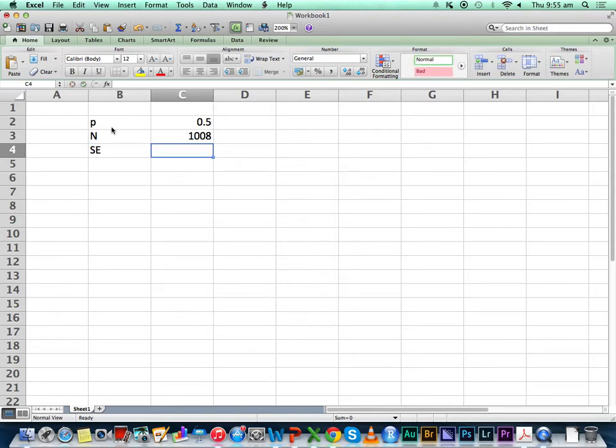SE, the standard error, is equal to P times 1 minus P over N, and then square root the whole thing. You can do it by hand if you like, but it seems easier to calculate by Excel, at least for me.